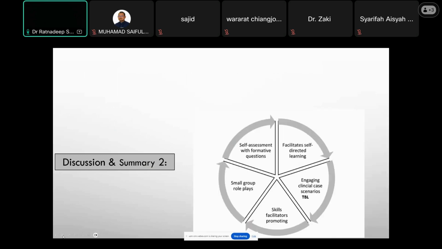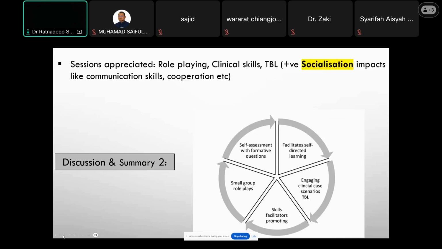Now let's see what we have found as a summary for our study. Several active learning strategies were highlighted in the current study, but some gained most importance. The active interaction which took place through the role players with realistic patient conditions gained popularity, along with TBL sessions, team-based learning.